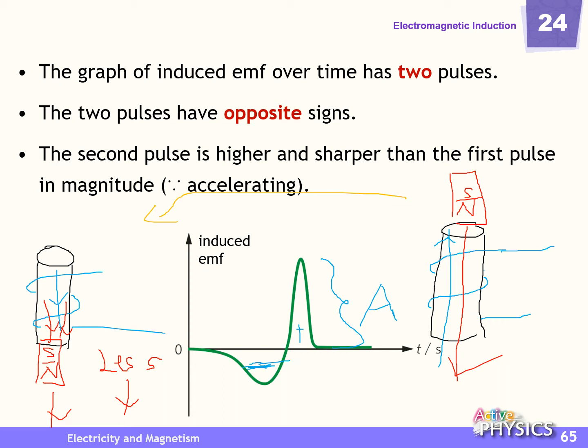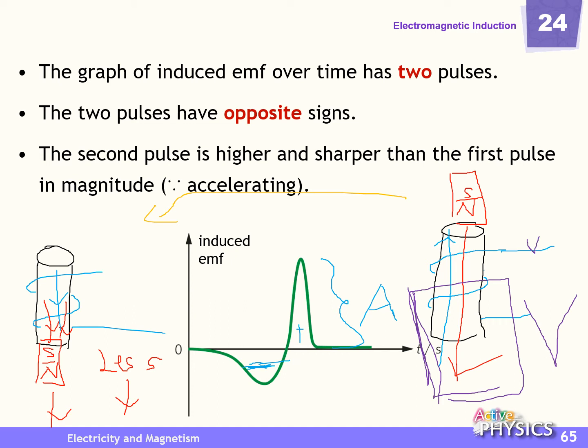Why? Because the velocity is different. If the magnet is accelerating, then the time needed to pass through the second half is shorter. The magnet dropping through the second half has a higher velocity, while the velocity for the first half is smaller.